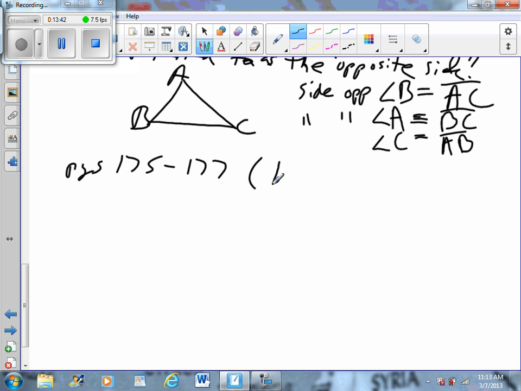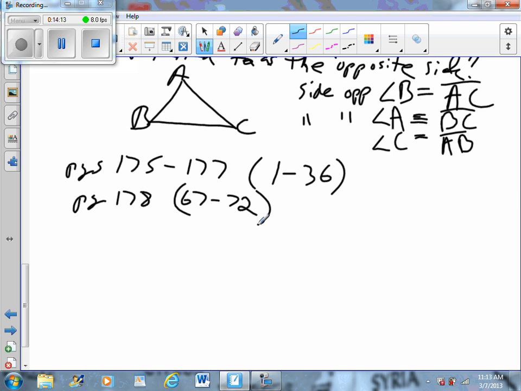I want us to do 1 through 36 here. Okay? You know better than that too. Even or odds. You know these don't take that long to do. But also I want you to do this because I think some of you need the algebra practice. Page 178, 67 through 72. Yeah, I need the extra algebra practice. I'm terrible at it. 67 through 72. They'll give you a little bit of practice on the algebra. We'll keep it right there, okay?